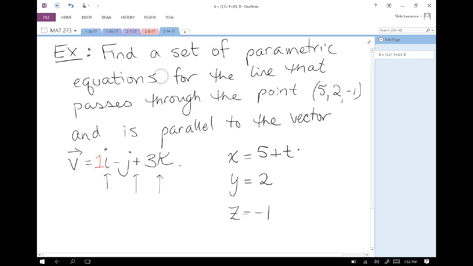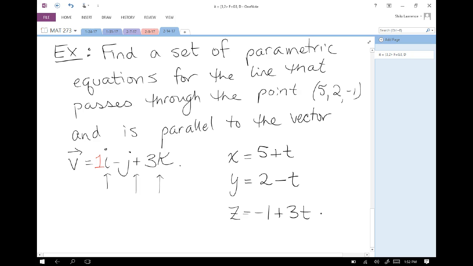And you don't have to write a coefficient of 1 if you don't want to. And how much is the y going to change by every single time? -1. So we can write that as minus t. And then the z? 3. Yep, so plus 3t.